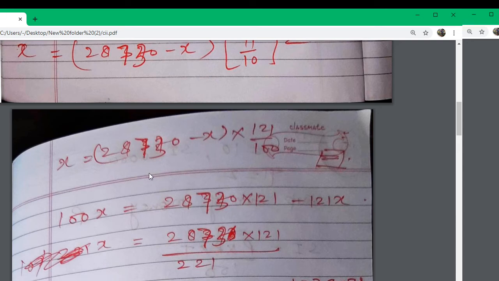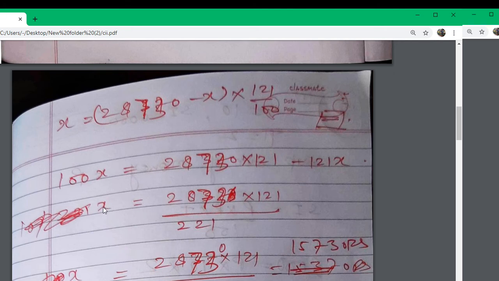This 100 will go on the left hand side in the multiply of x. So 100x is equal to 28730, and I have multiplied 121 inside the braces.